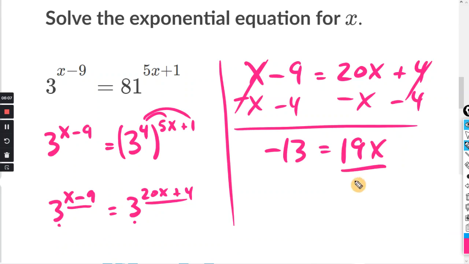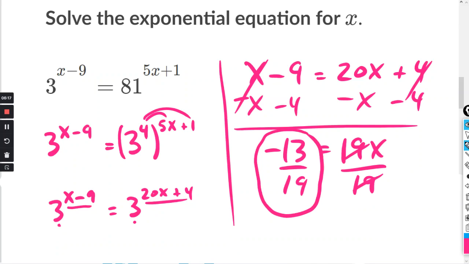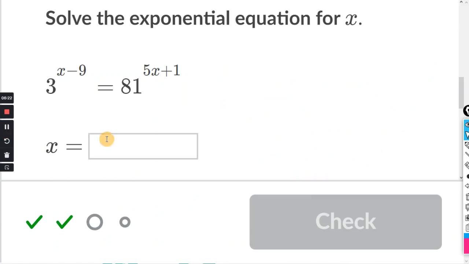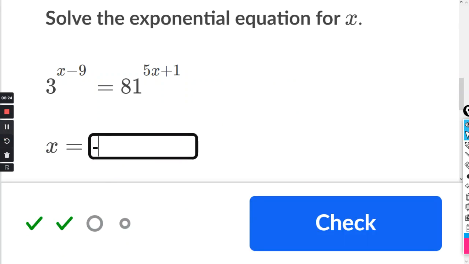And dividing both sides by 19, the 19's cancel, and negative 13 over 19 is your final answer. Write in the box, negative 13 over 19.